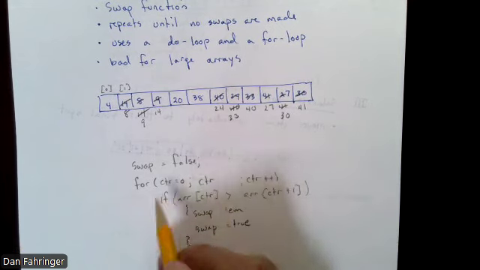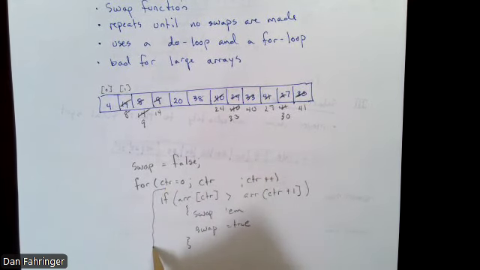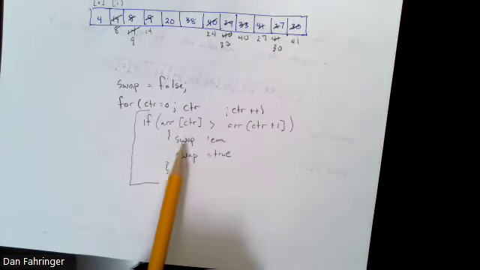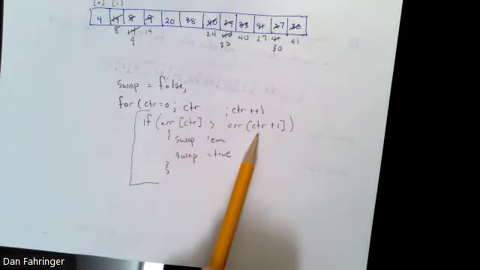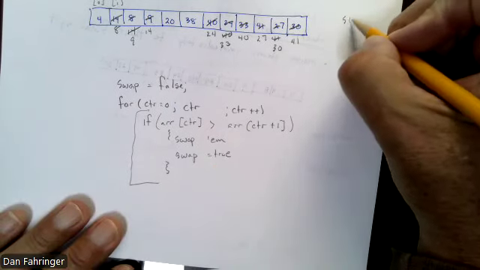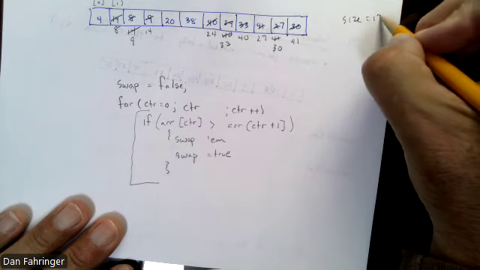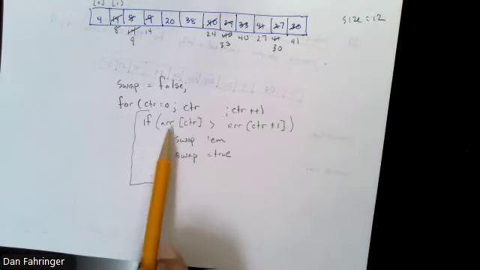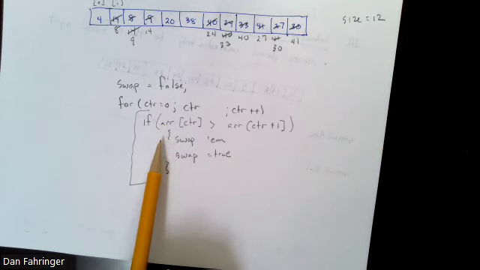Okay, so this is my for loop. This is the body. Since it's pseudocode, I can do whatever I want. And so if I come in, I'm checking 0 and 1, 1 and 2. My array size is 12, correct? What numbers do I want counter to have? From 0 all the way up to 11.